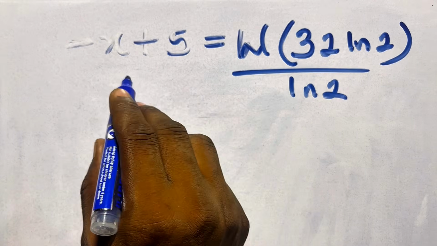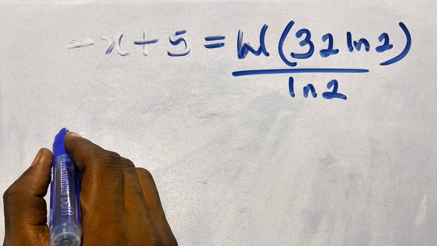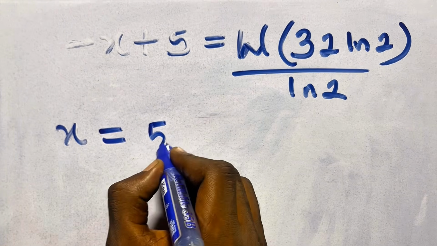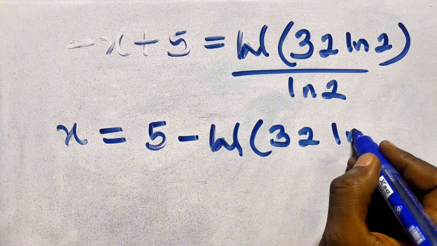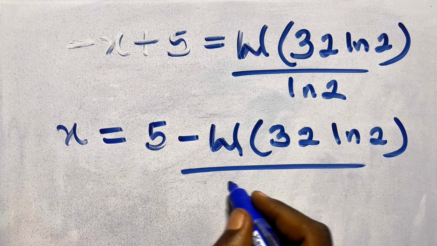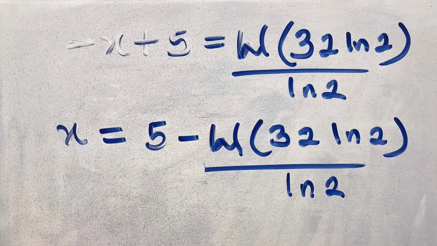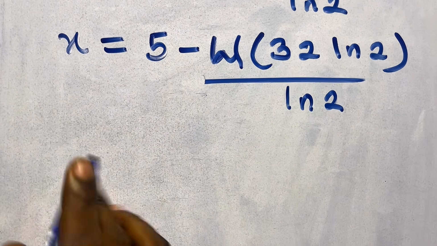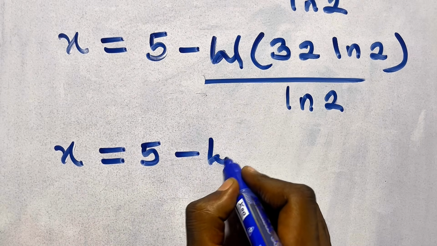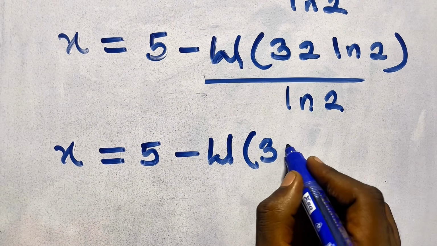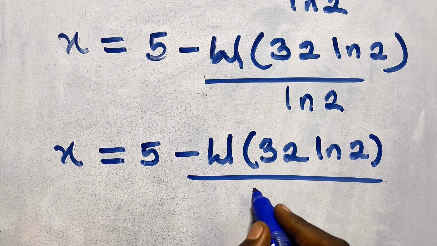If we transfer this to the other side and bring this in, we have x equals 5 minus the Lambert function of 32 ln 2 divided by ln 2. And therefore, we have our x to be 5 minus the Lambert function of 32 ln 2, divided by ln 2.